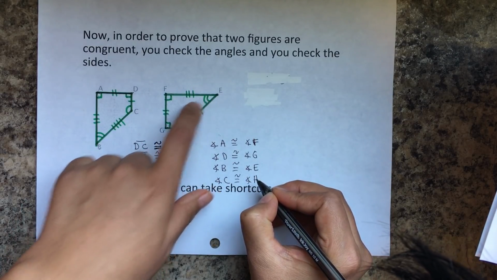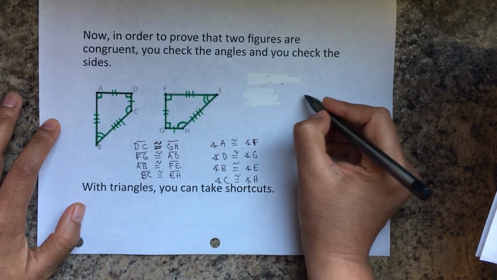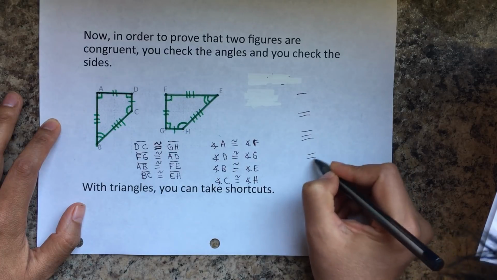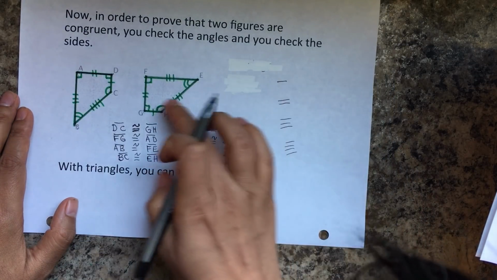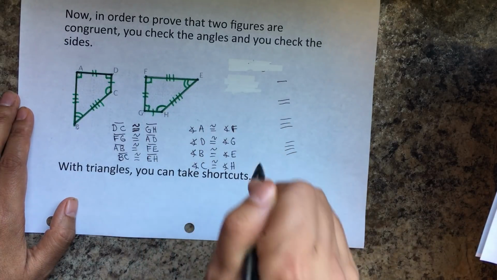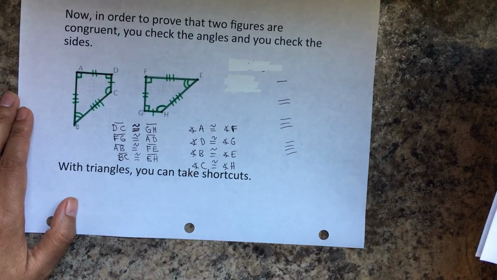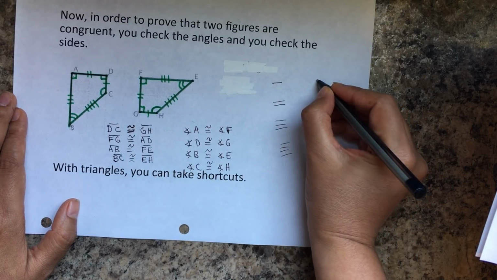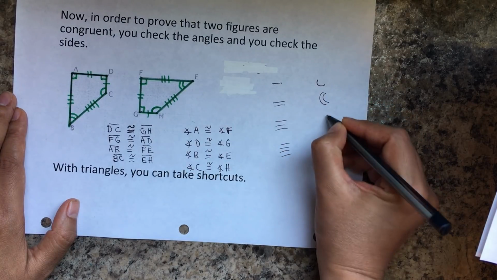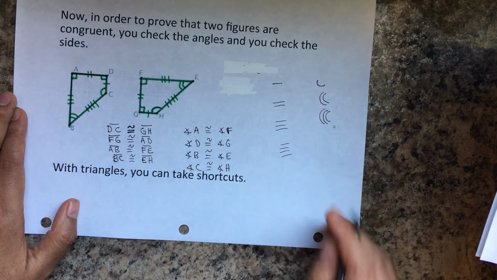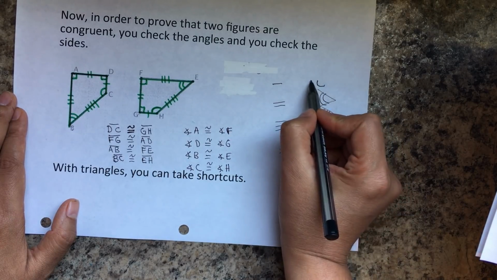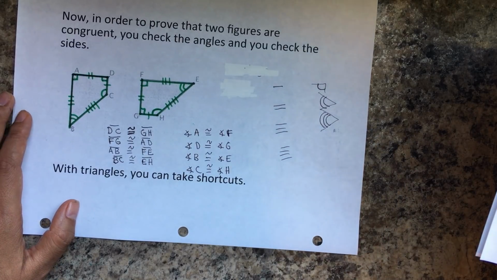So for sides, you either have one mark, two marks, three marks, four marks, etc. And that means that they are congruent. They're the same measurement. By having the same number of little strokes, that means that that's the same measurement. For angles, you use a little arc or double arc, or sometimes even three of them. Those are the markings that they use for congruent angles.